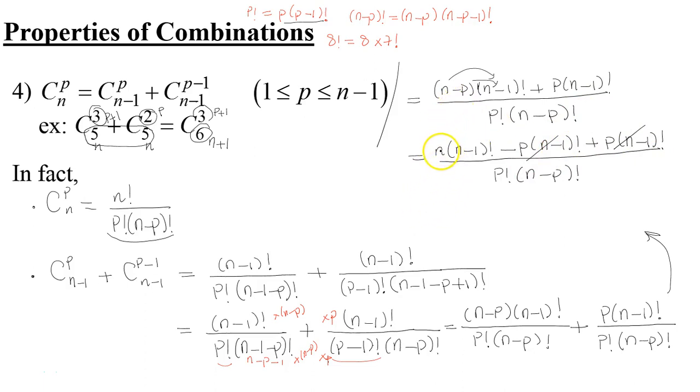We'd be left with n times n minus 1 factorial. That's the same as having 8 times 7 factorial, which is 8 factorial. So n into n minus 1 factorial is n factorial divided by p factorial into n minus p factorial, which is the combination of n out of p, which is what was required to prove.